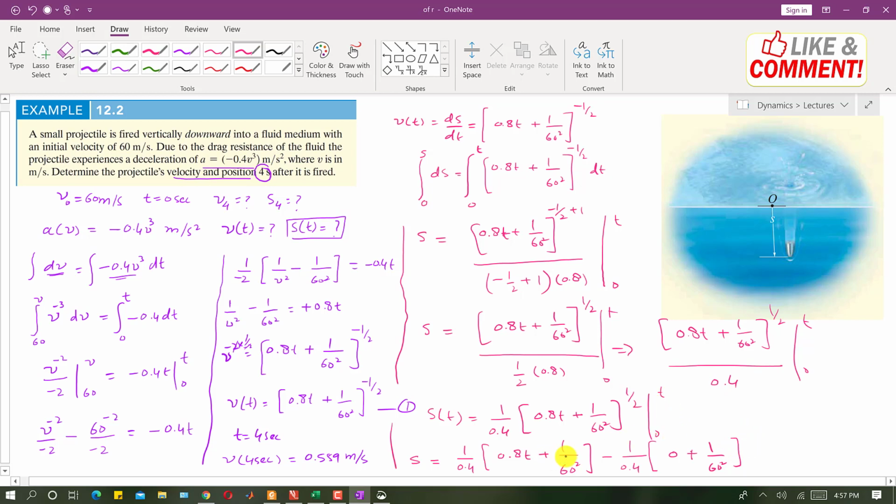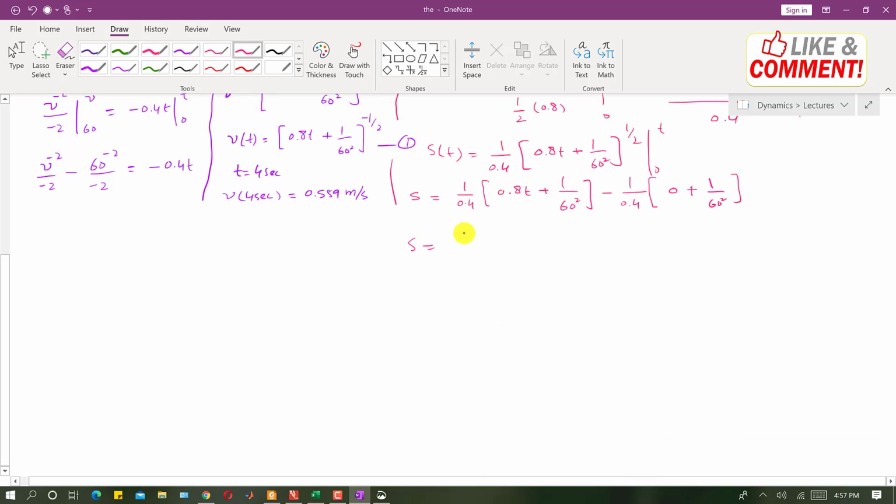When we apply these boundary conditions, we get this. Now we can take 1 divided by 0.4 common from all these, with both terms to the power 1/2.